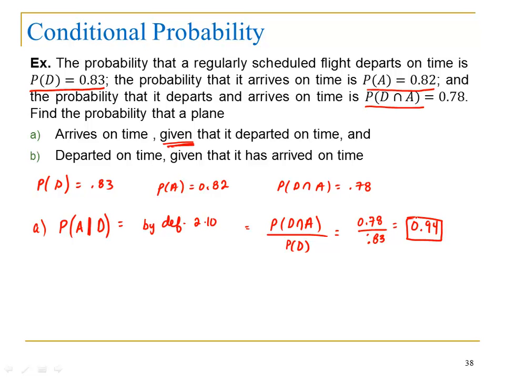Okay, so given that it departed on time, the probability that it arrives on time is 0.94.